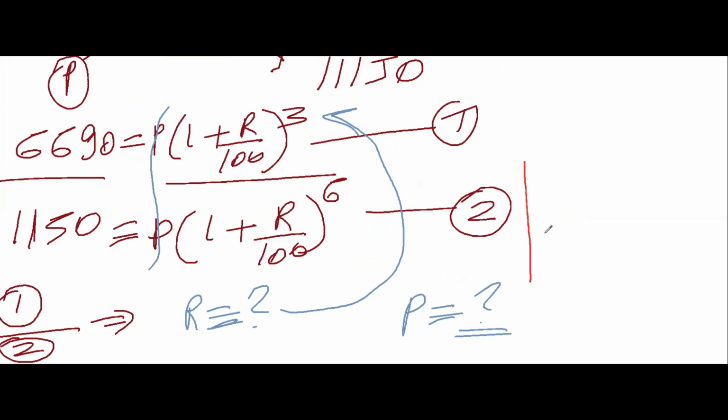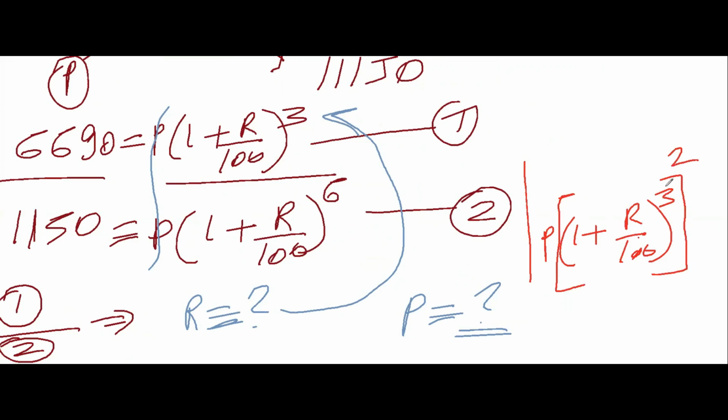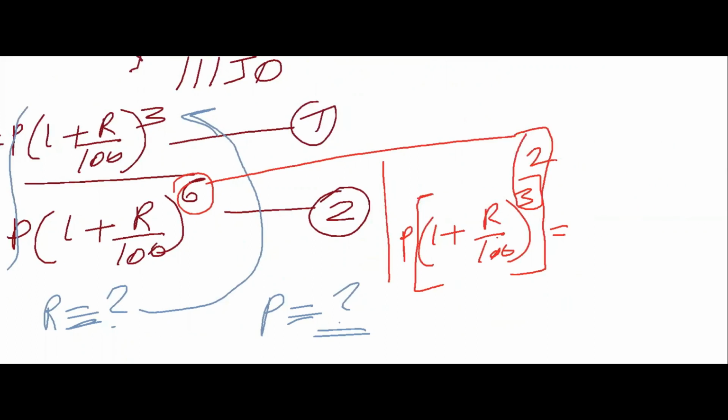I wrote P times (1 plus R upon 100) whole to the power of 3, the whole square. I have written this 6 as 2 into 3. This part is equal to 11150.